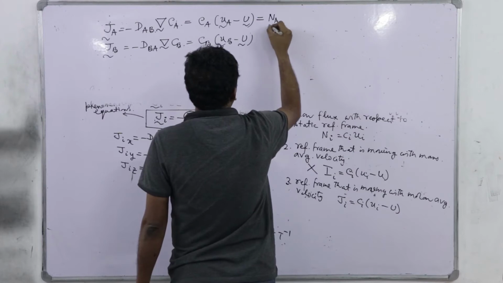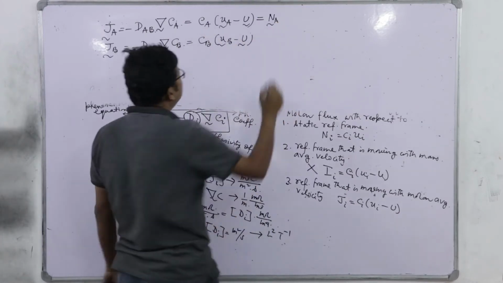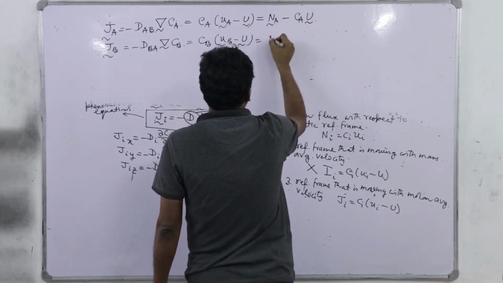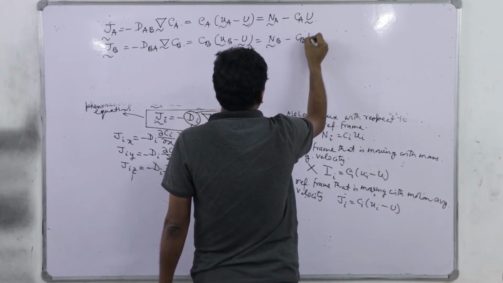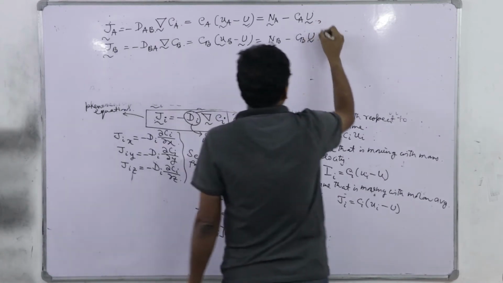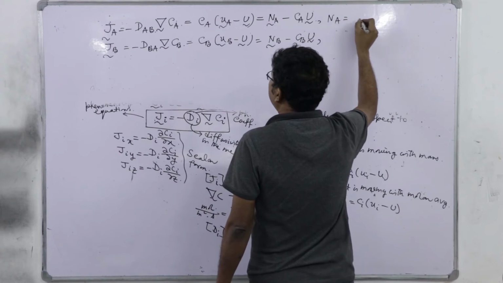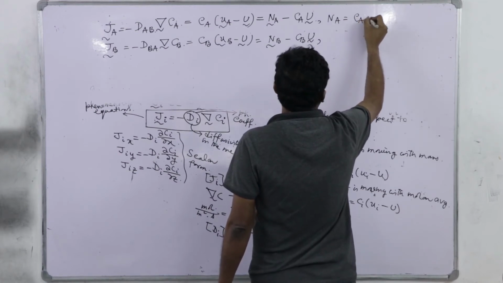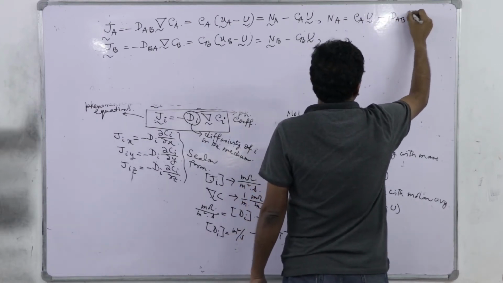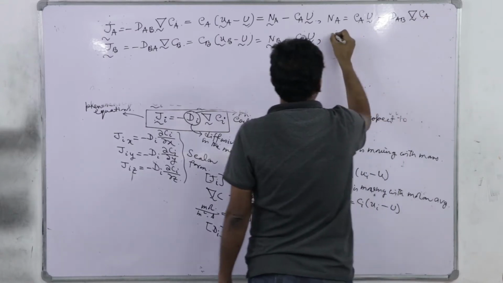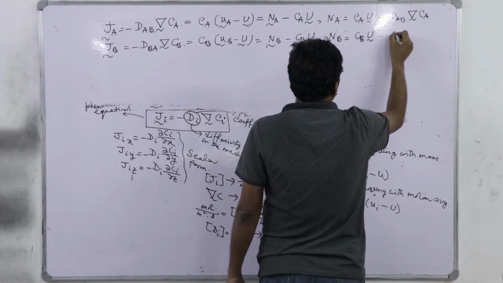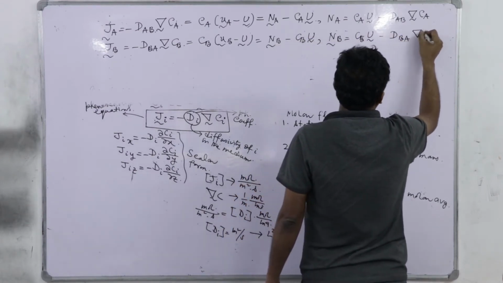So, CA UA must be equal to NA, so JA is NA minus CA into U, and JB is NB minus CB into U. So, from here we get that NA is equal to CA into U minus DAB into grad of CA, and NB we can also write as CB into U minus DBA into grad of CB.